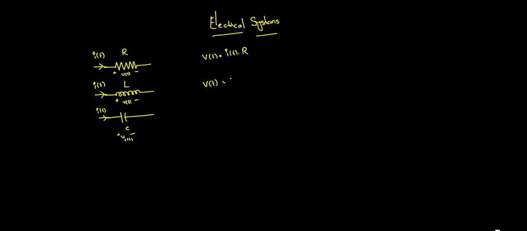And for the capacitor, I'll write VL, VR, so that I don't get confused anywhere: Vc of t is equal to 1 by C integral I of t into dt.